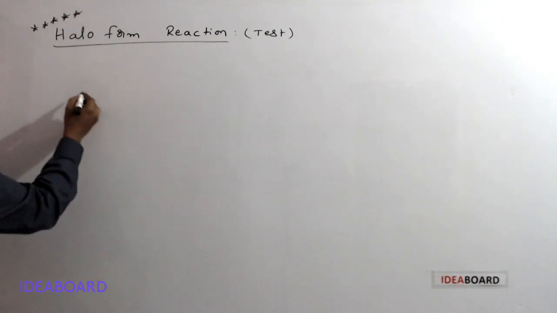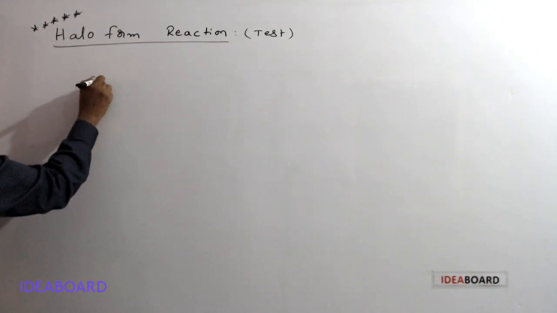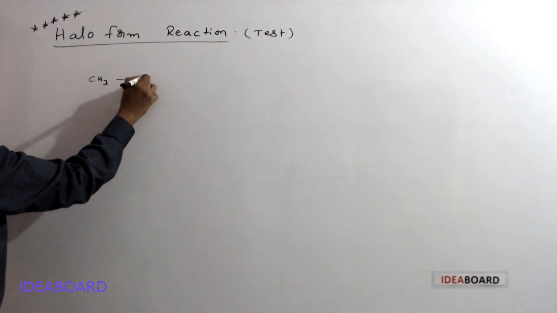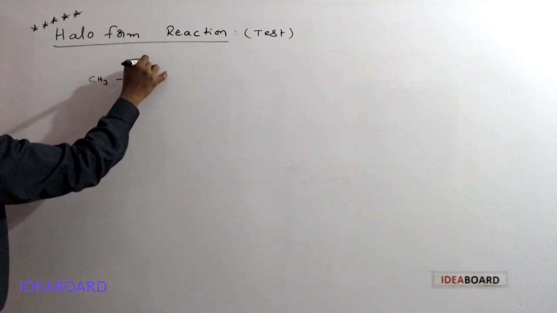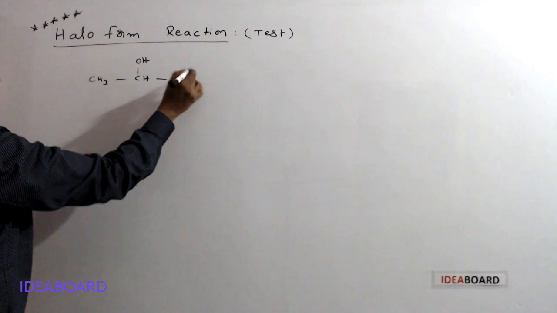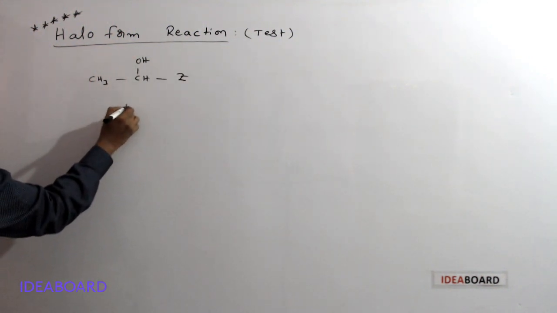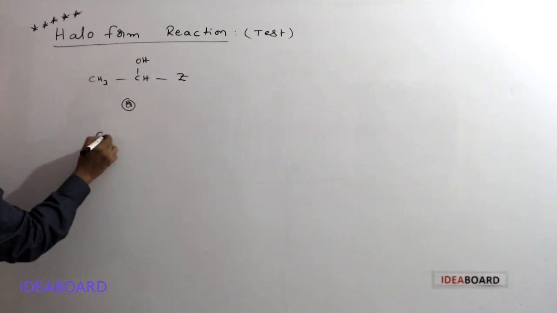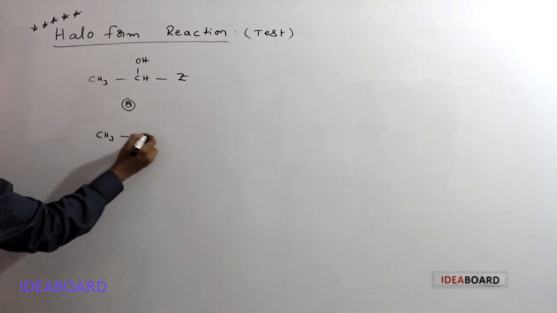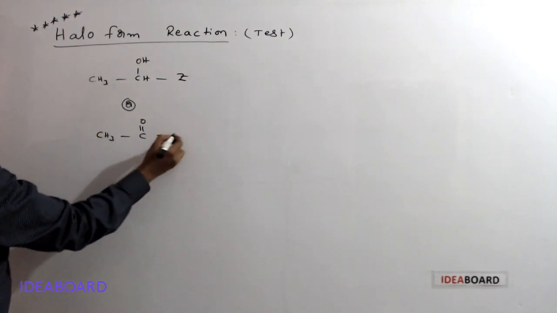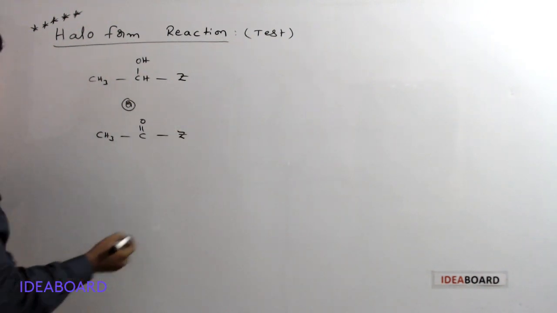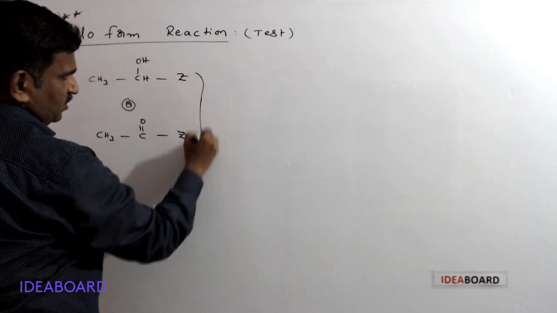So the haloform reaction we can write like CH3CHOH Z, where Z means any other group or atom, we will see later. Or the second type, CH3CO, methyl keto group, and Z. Either of these is taken.